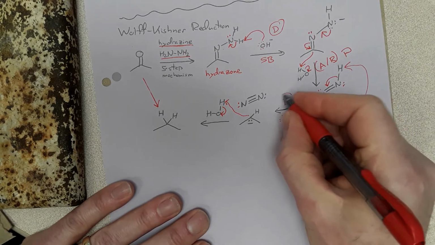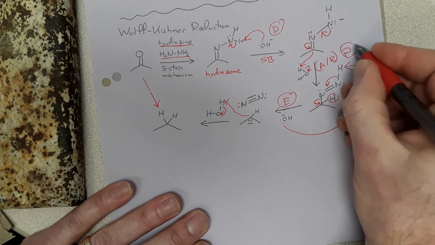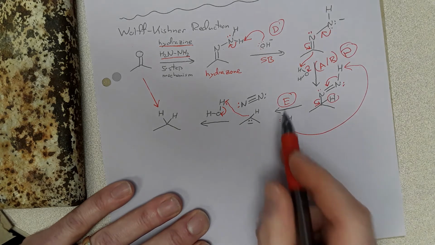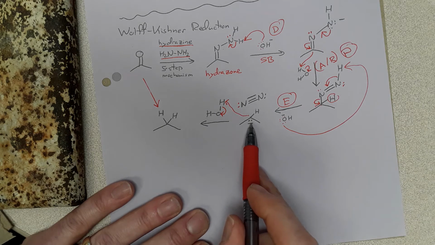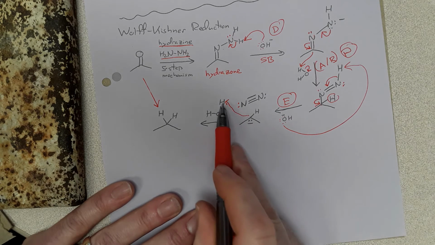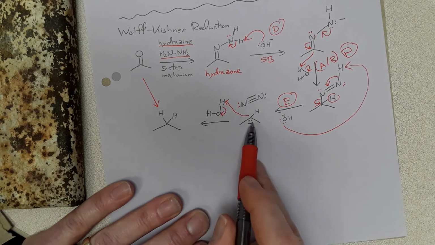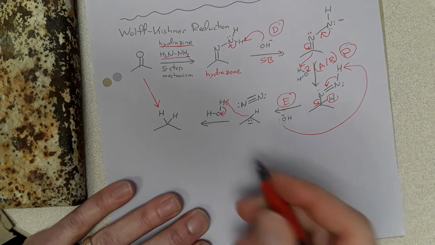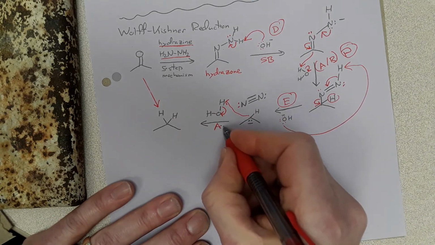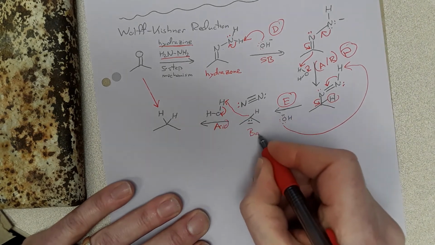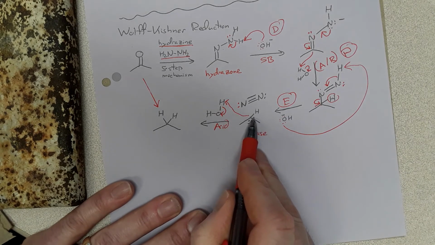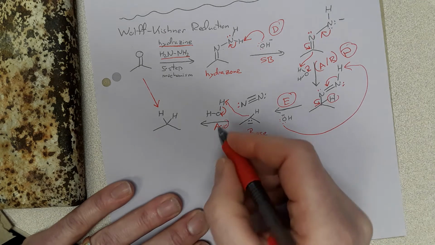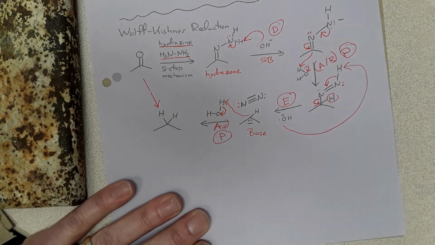If you said elimination, good for you. Forming a pi bond is elimination. And then we end up with this species here, which is acting as a base, pulling off a proton there. So we're protonating this. It's an acid-base reaction. This is the acid, and this is the base. And so we're adding a proton onto the thing that we're interested in, so we're going to call that a protonation.